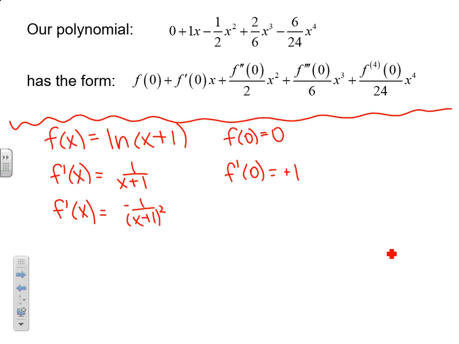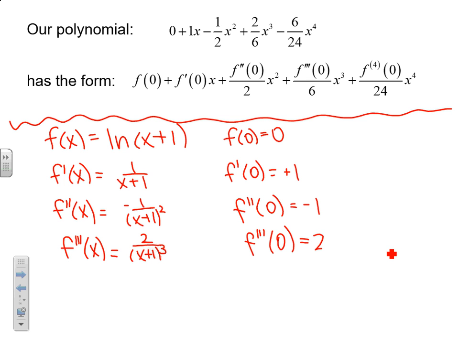And you would find the second derivative and evaluate it. The third derivative, and evaluate it. And the fourth derivative, and evaluate it.